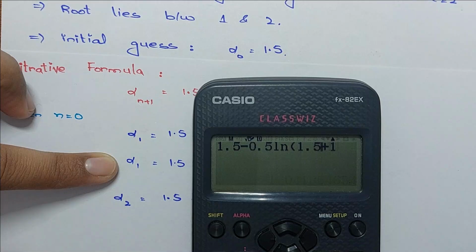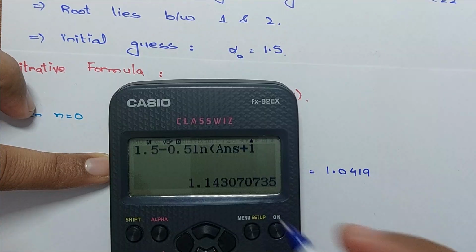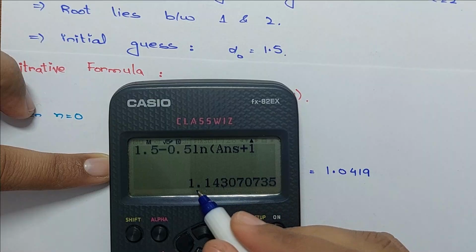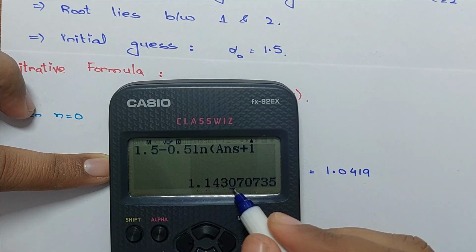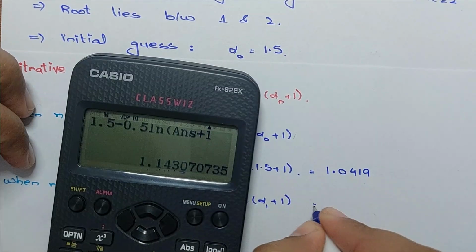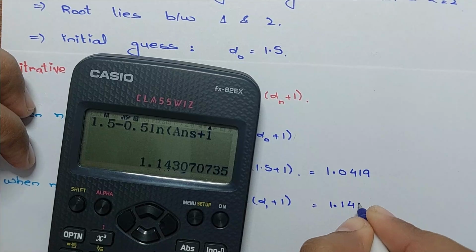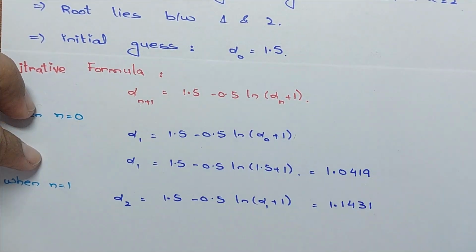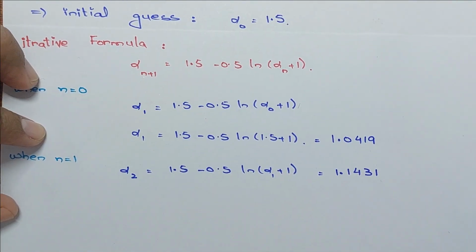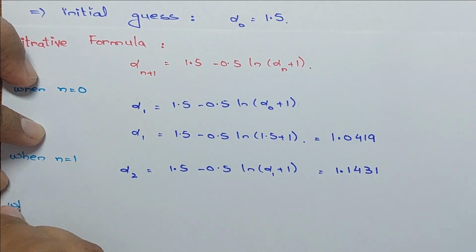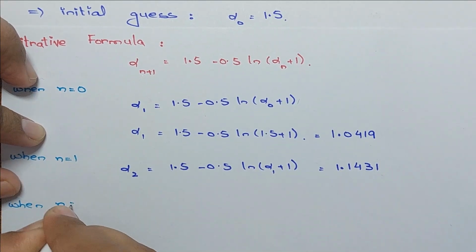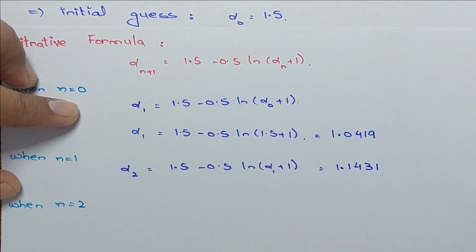So here we just put the answer. Up to 5 significant figures, this is 1.1431.